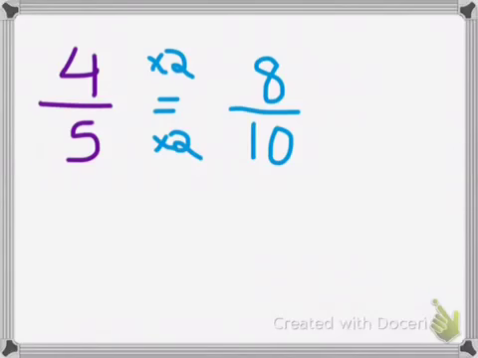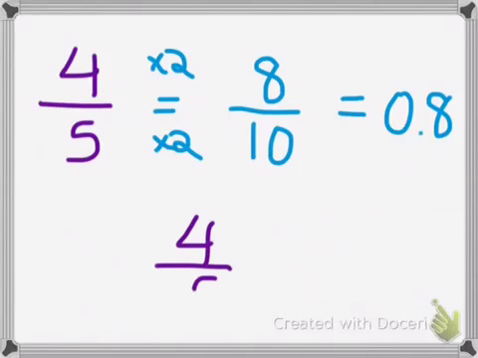So I know for sure that 4/5 is equivalent to 8/10. And I also know how to write 8/10 as a decimal. It has the digit 8 in the tenths place, which means that 4/5 written as a decimal is 0.8.